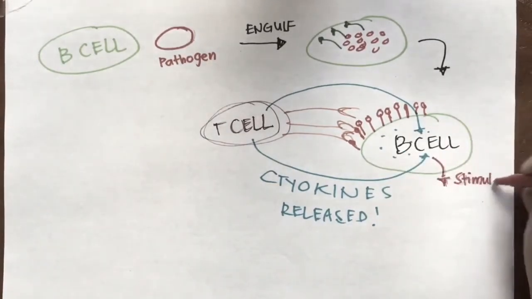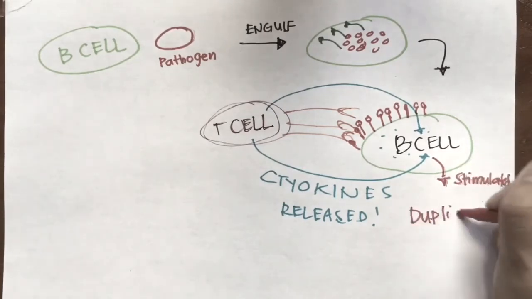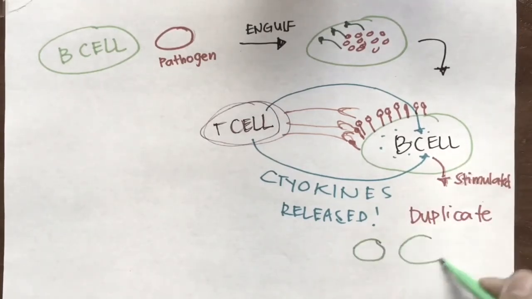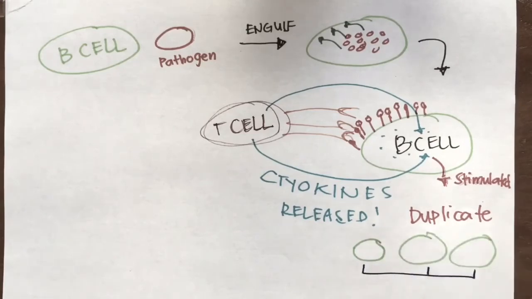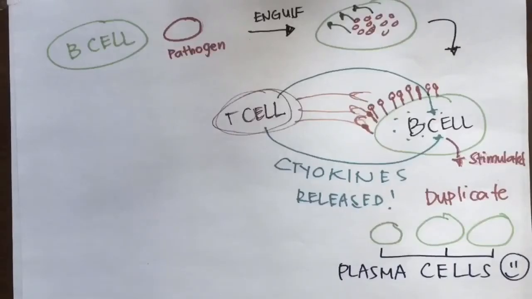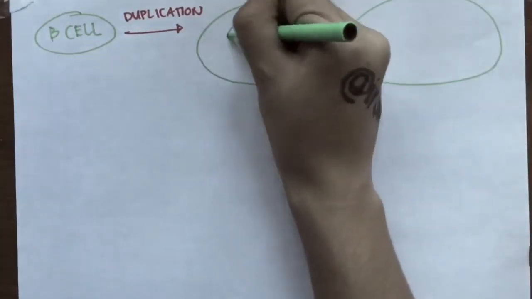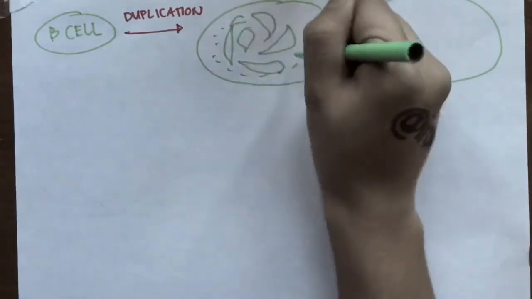It then stimulates the B cell to duplicate and differentiate into plasma cells. These plasma cells are antibody factories that release antibodies into the bloodstream.